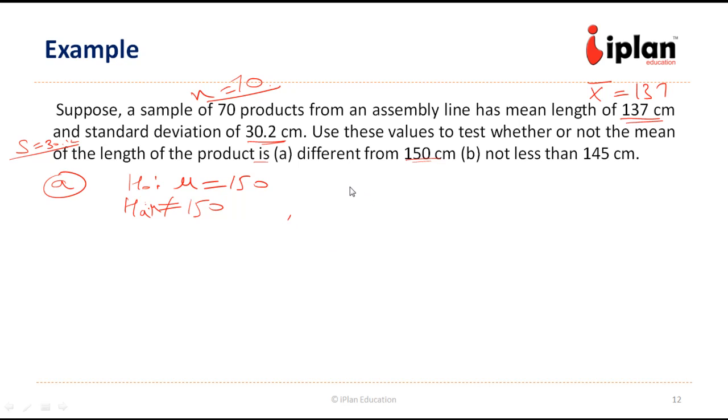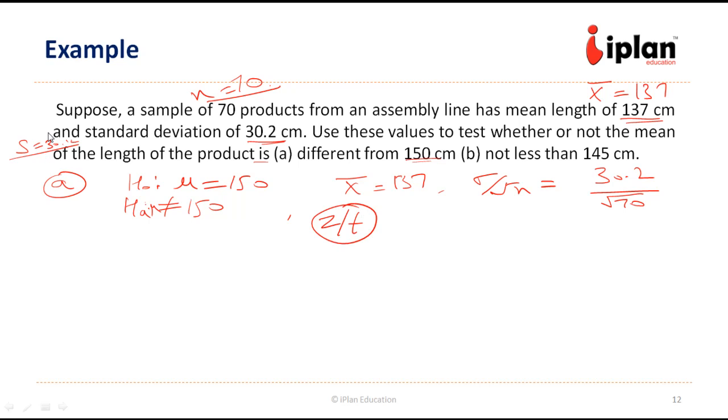Now x bar is given to us, 137. Sigma by root n, the standard error, is 30.2 divided by square root of 70. That is our standard error, right? So which statistic should we use here, Z or T?